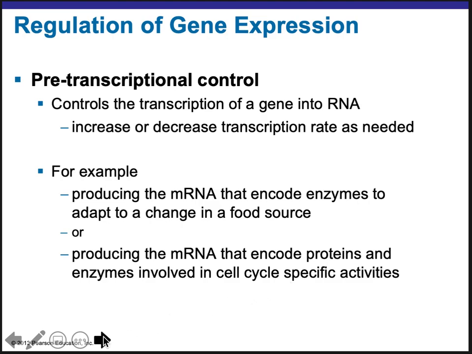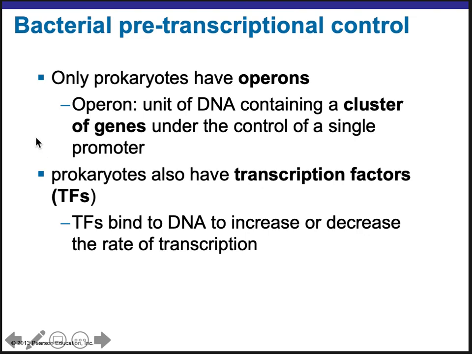Okay, so bacteria can actually cluster genes together in what we call an operon, and then the operon is controlled, either increased or decreased in the rate of transcription. Prokaryotes also have transcription factors that can bind to these operons and increase or decrease their transcription.